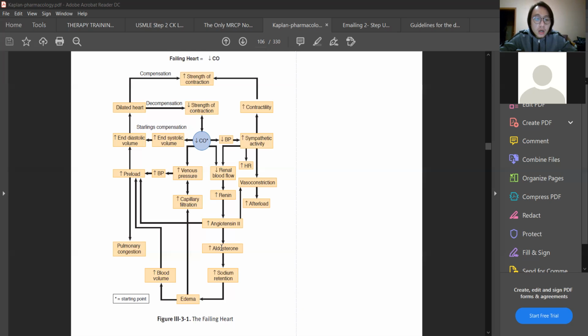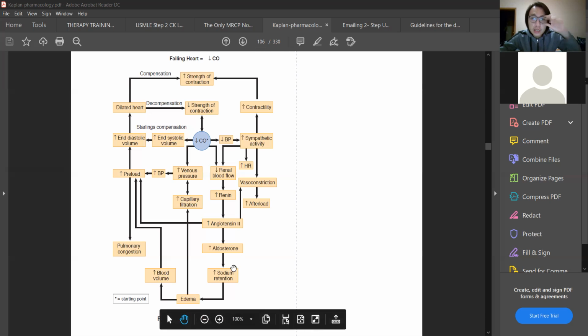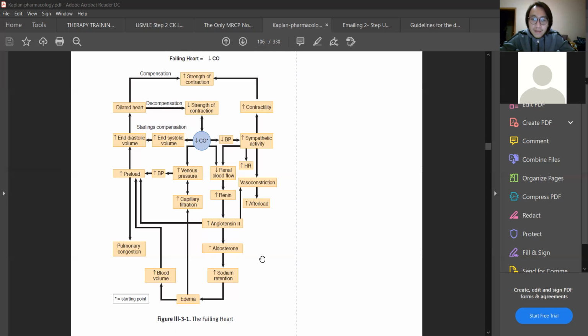So first, your plasma effect is that it will increase your sodium retention. See here, increase in sodium retention. That means that there is hyperkalemia. Yeah, hyperkalemia. Sorry, hypernatremia, not kalemia.